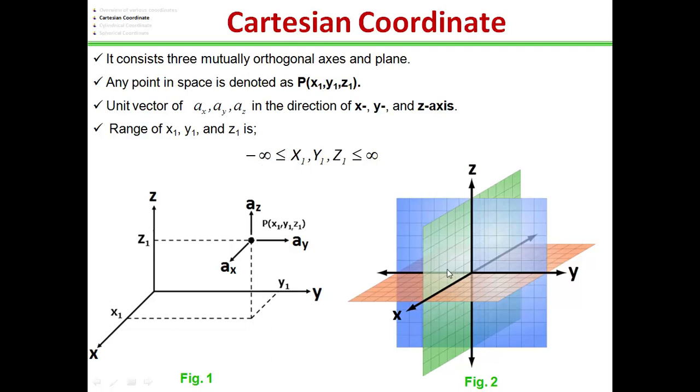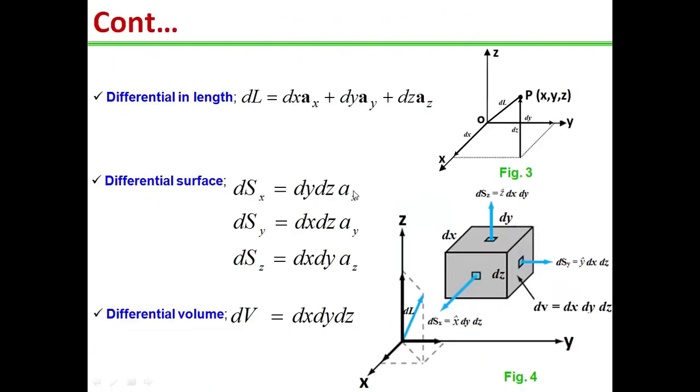If we look at the different planes of the Cartesian coordinate system, there are basically three planes: the xy plane, xz plane and yz plane. All these three planes are mutually perpendicular to each other. In the Cartesian coordinate system, we can calculate the differential length, differential surface and differential volume.